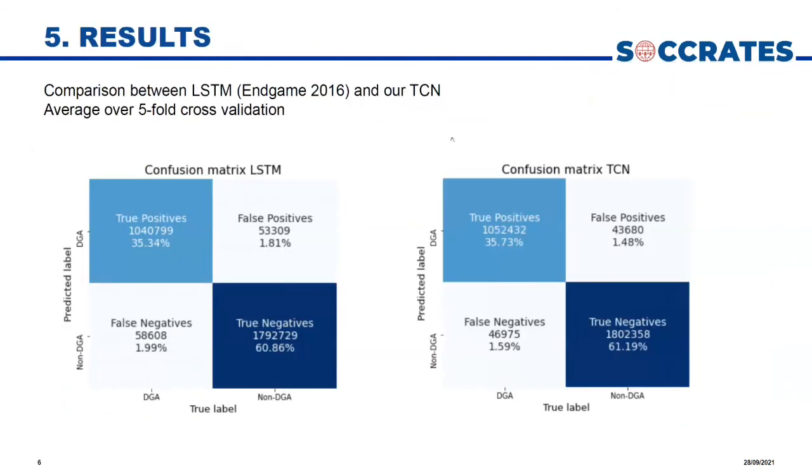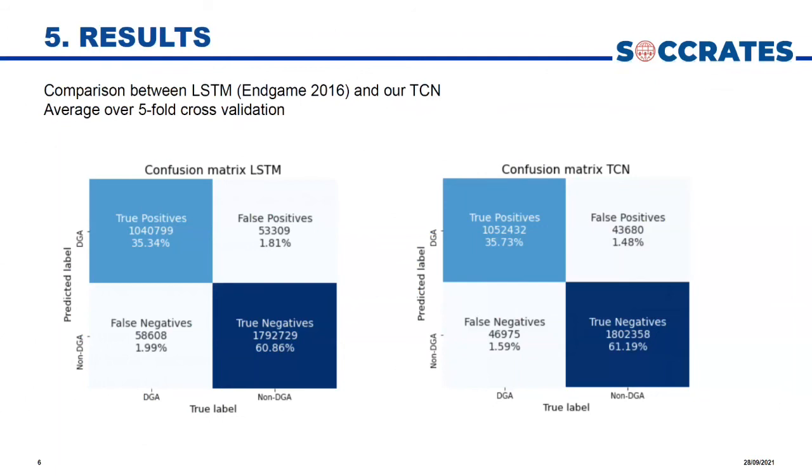But first, let's look at some of the results. To evaluate this formally, we compared this temporal convolutional network of ours with a very popular network, the LSTM introduced by Endgame in 2016. We did 5-fold cross-validation and took the average of the different metrics. You see here the two confusion matrices.